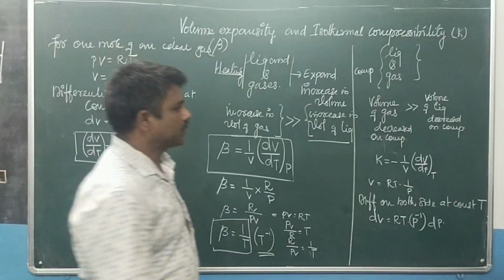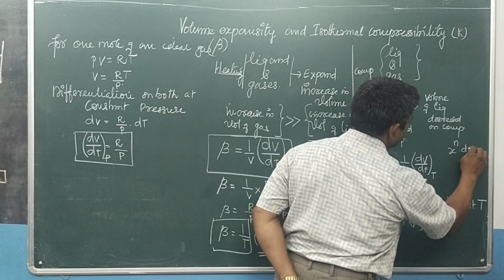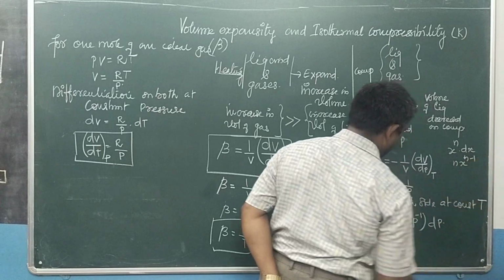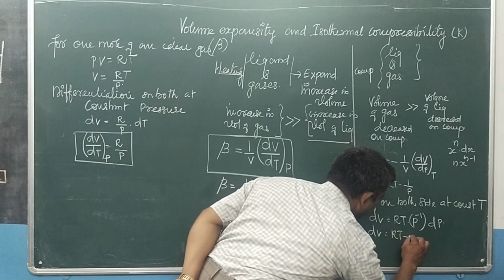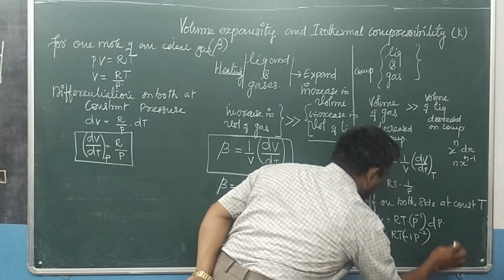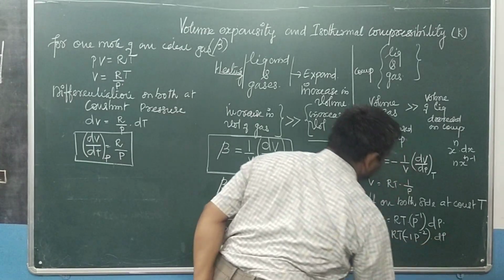Here, the derivative of x to the power n is n into x to the power n minus 1. Hence dV is equal to RT into minus 1 P power minus 2 into dP.